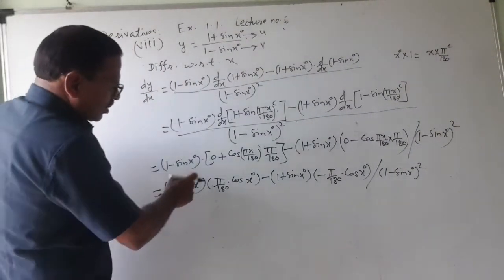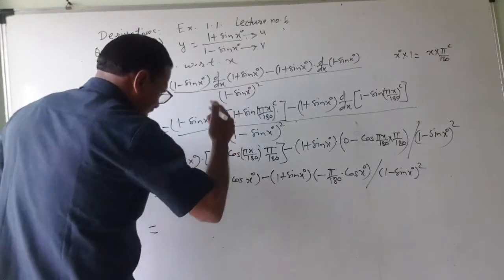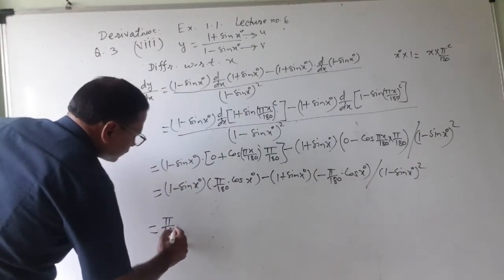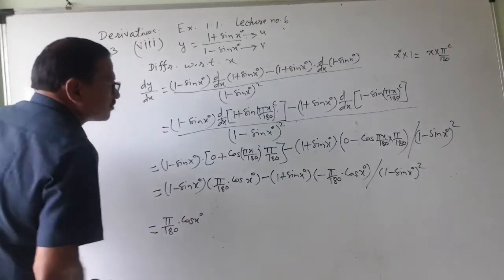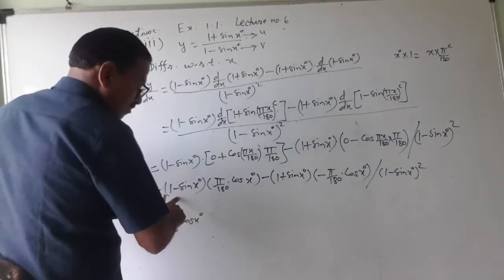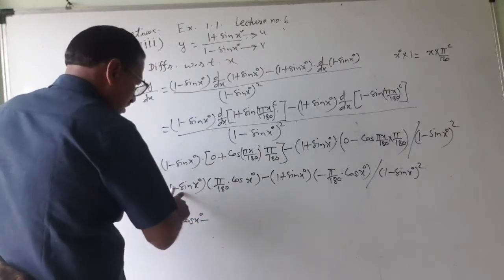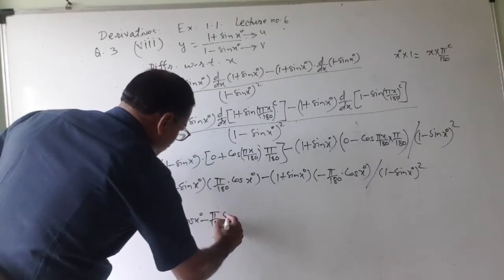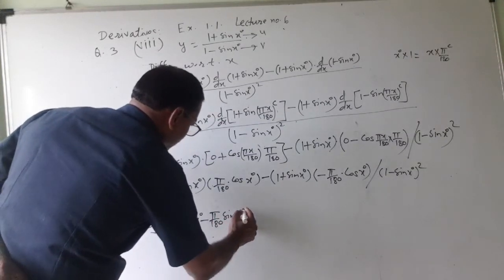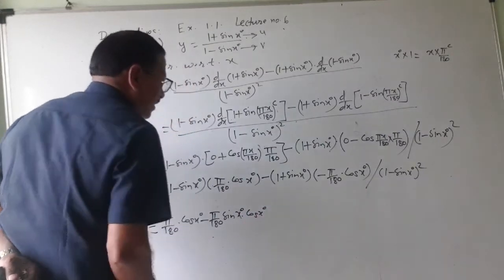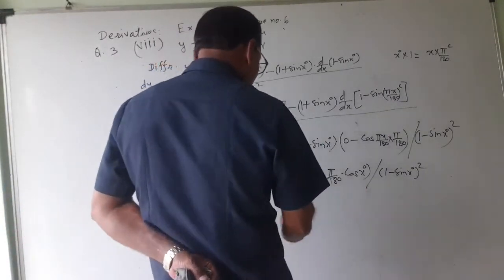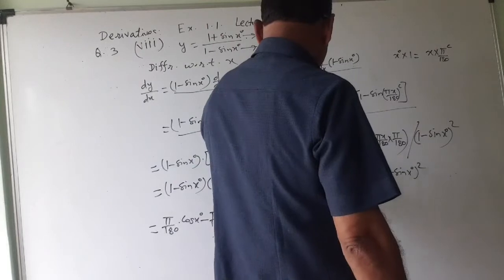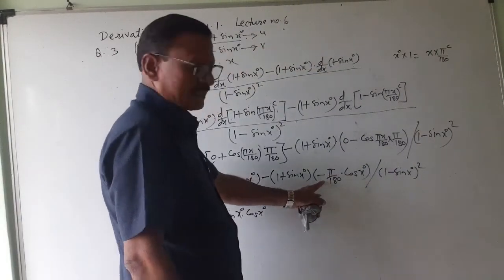Now multiply by 1 to all this, then by sine to all this. If I multiply by 1, it will be pi upon 180 into cos of x degree, by 1 more minus. This will be pi upon 180 into sin x cos x. Now this minus and this minus, consider these two.